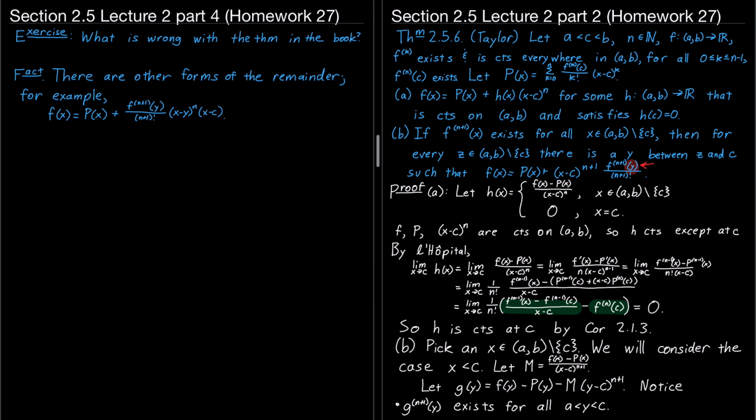This is called the Cauchy form of the remainder. The one we proved above, the one we know and love from Taylor's theorem, is the Lagrange form.